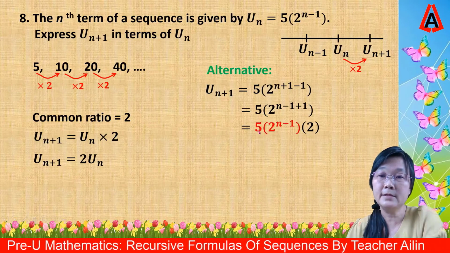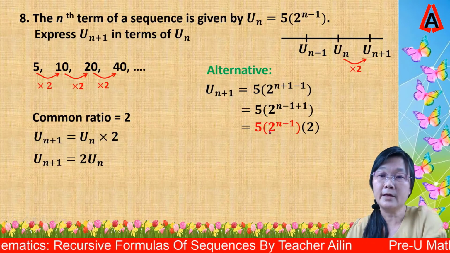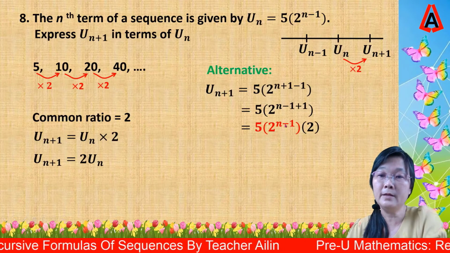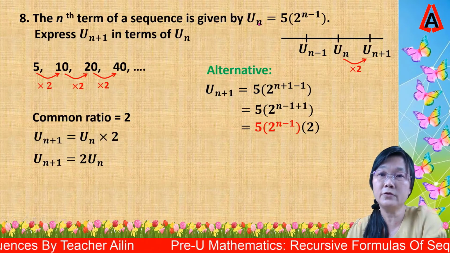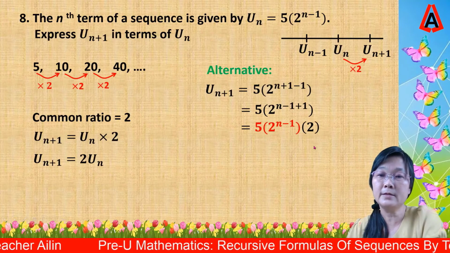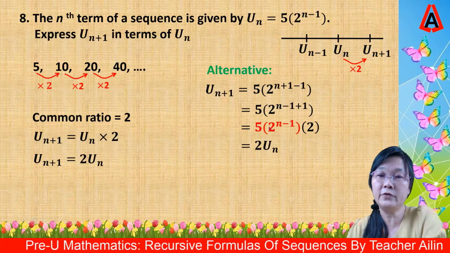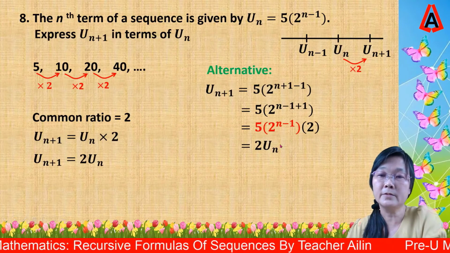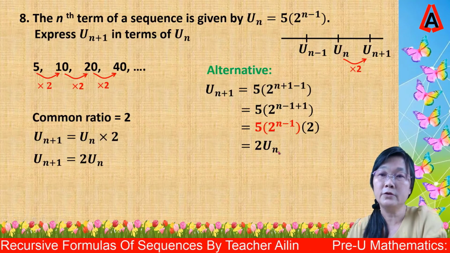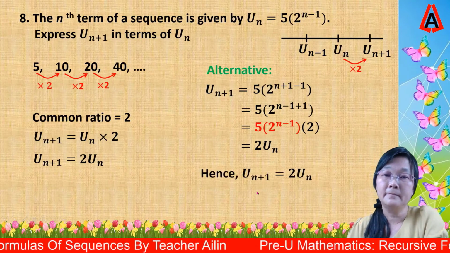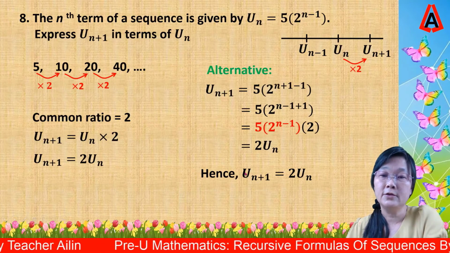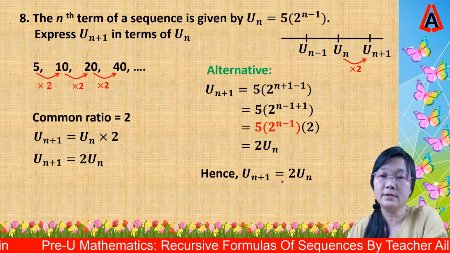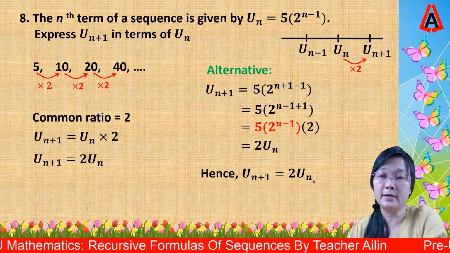So when you see this part, 5 times 2 power n minus 1, it is exactly the explicit formula u_n. So this part you can substitute with u_n times 2. So it is 2u_n. Then, therefore, you can write your final answer: u_(n+1) is equal to 2u_n.